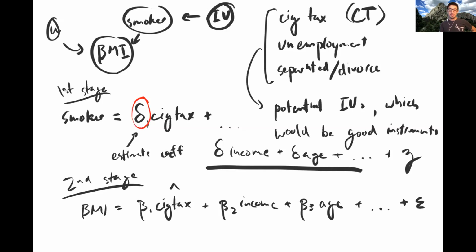Because the whole point is that your confounding variables are not related to your instrumental variable.